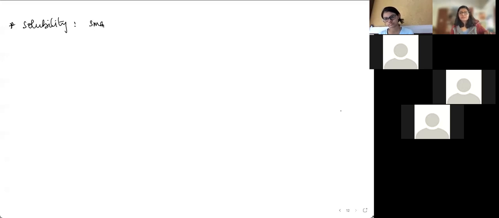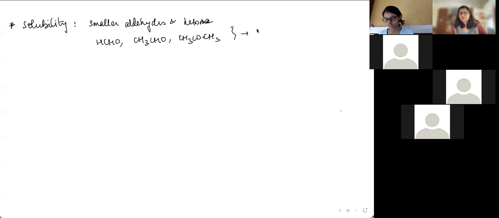So smaller aldehydes and ketones, meaning something like formaldehyde, HCHO, acetaldehyde, CH3CHO, acetone. The smallest, the beginning members, are all miscible in water. Miscible means they can mix in water. If not completely dissolved, they can easily mix.